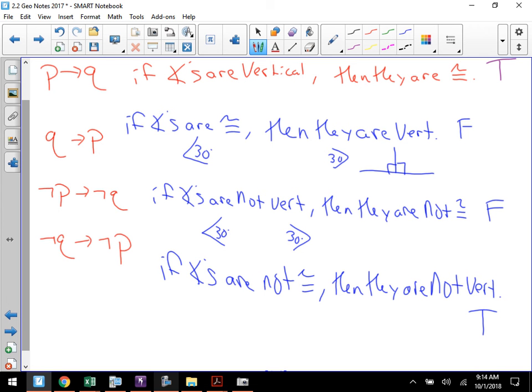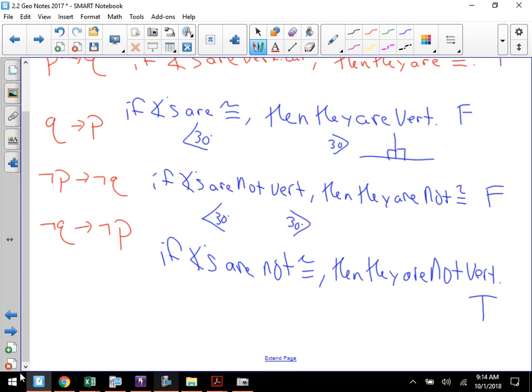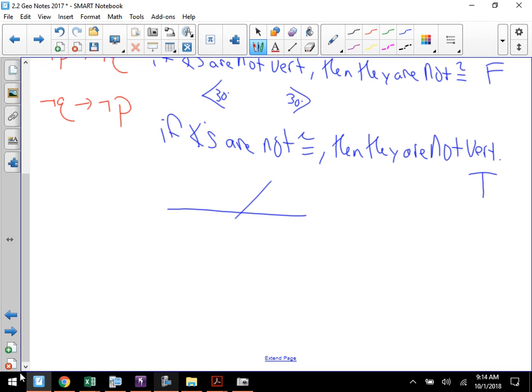If they're not congruent, see what I'm saying here? If I do this, these two angles are not congruent. This is 100, this is 80. They're not vertical. Just logic. Right?